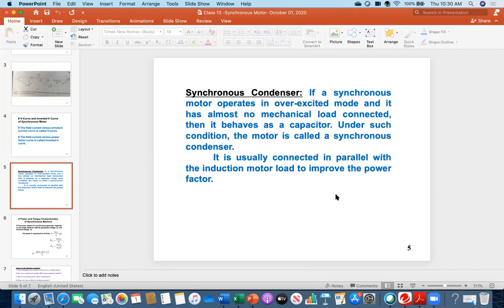It will be very bulky, a very large capacitor, and it might be costlier than even the synchronous motor. That's why industry prefers to connect the synchronous condenser to improve the power factor. So therefore the application is there.